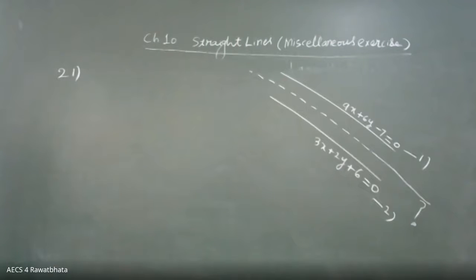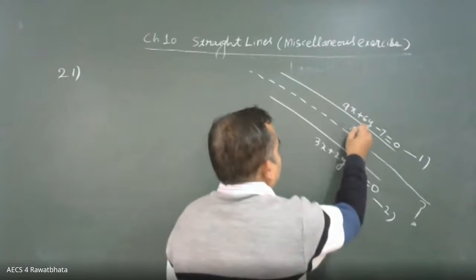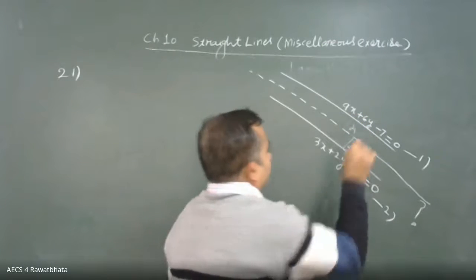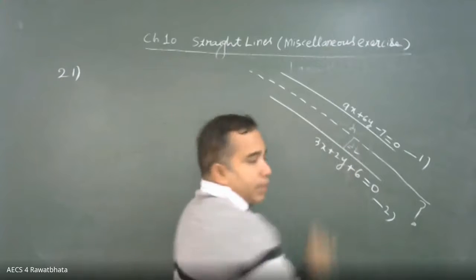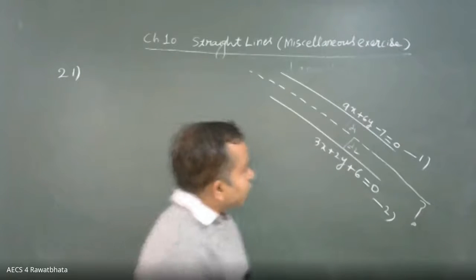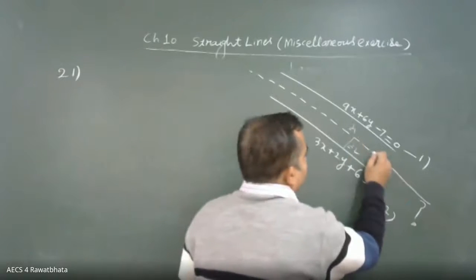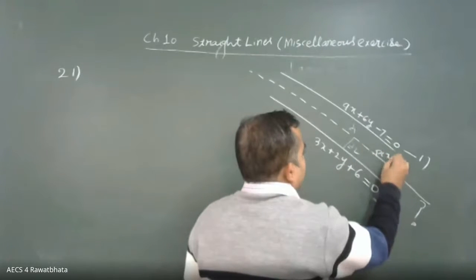And how to get? D1 equals D2. But one thing, there are two methods, students. One method is that its equation we have to find. Let us assume a general point P on this line, let it be x comma y.